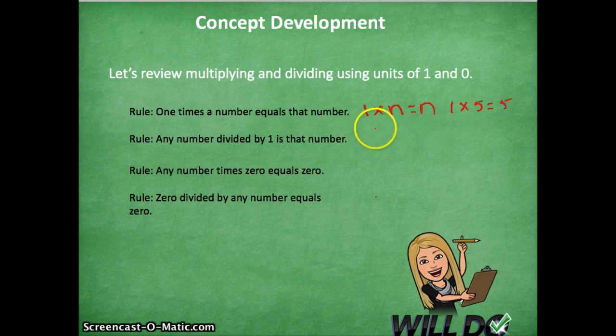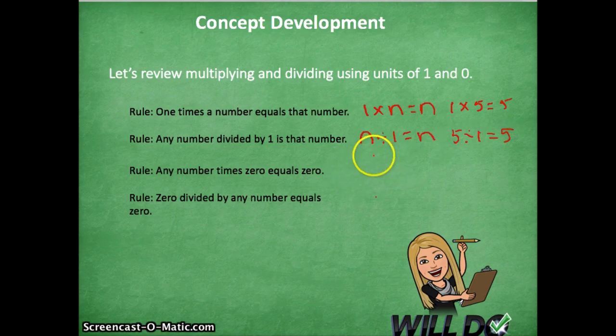Our next rule was any number divided by 1 is that number. That's the same as saying 5 divided by 1 equals 5.